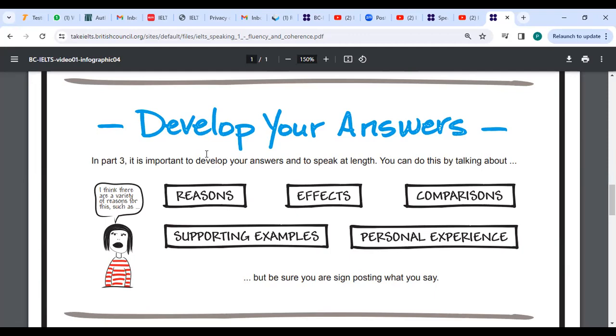Then, when you are done with the reasons, you now look at the effects. Then you do some comparisons: students who go early in the morning, students who go late in the morning. Remember, the goal of the speaking test is not to judge whether whatever you're saying is right or wrong. Just express an opinion.